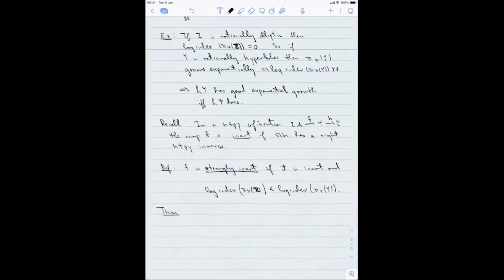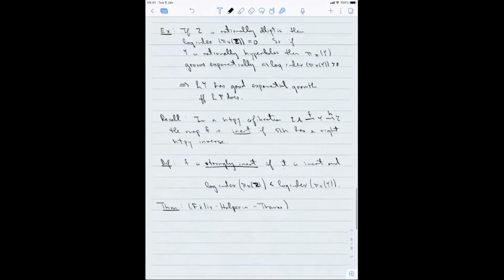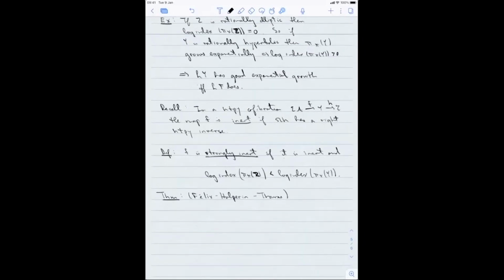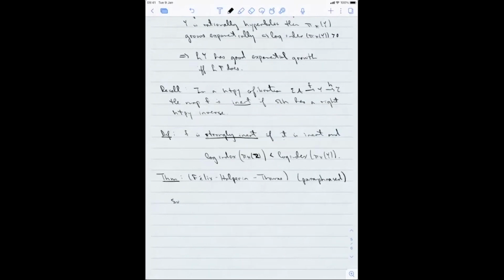Now here's a theorem again of Felix, Halpern, and Thomas. And this is slightly paraphrased. They said, suppose you have a homotopy cofibration that looks like the attaching map of a cell.